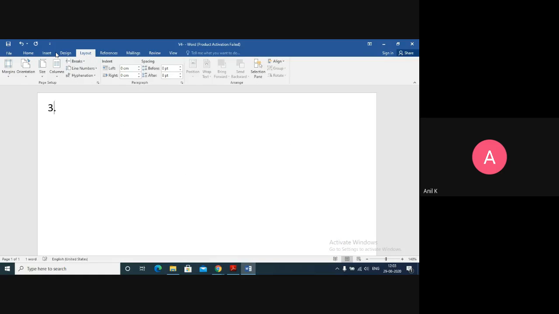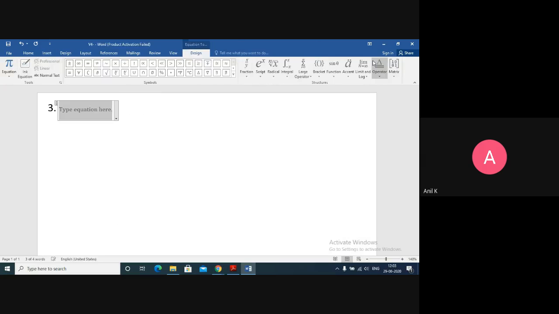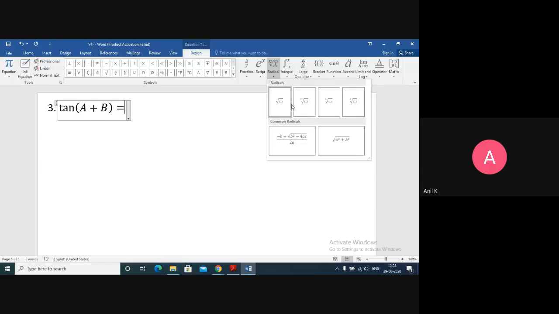This is the question. Let me write the equation. It is given tan(A + B) equals root 3.